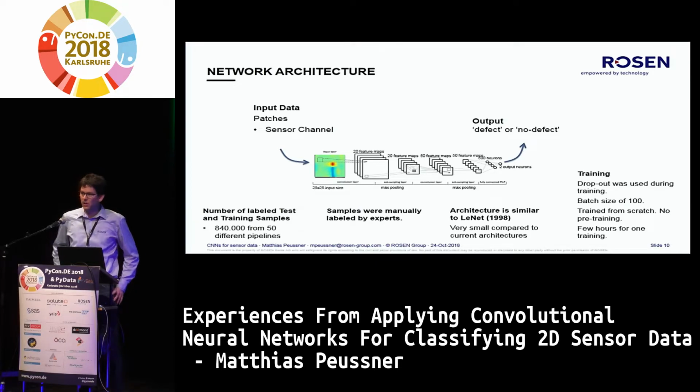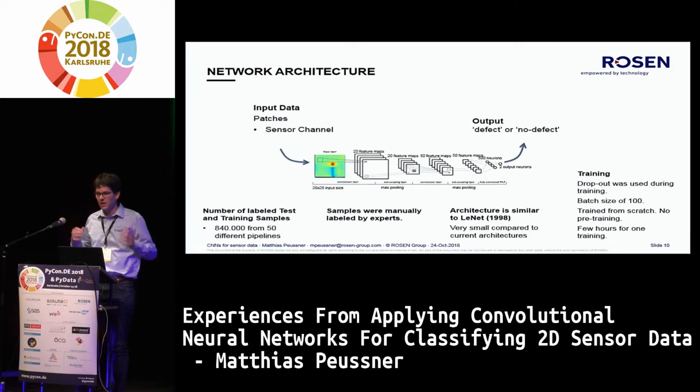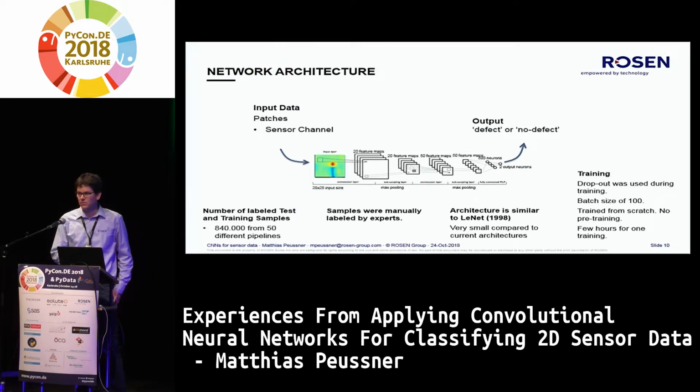At the start, I took the data I had at hand. This was around 840 labeled samples. From the large image of the pipeline, we just took small images, let's say 50 times 50 centimeters. These samples were then rescaled to a pixel size of 28 times 28.